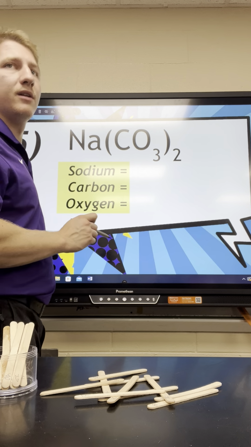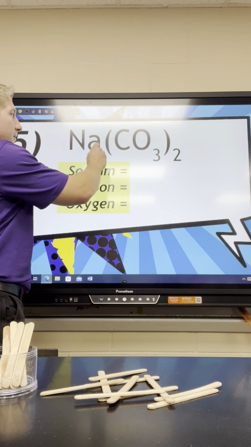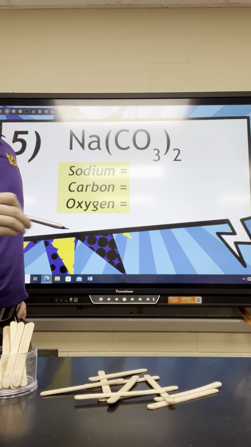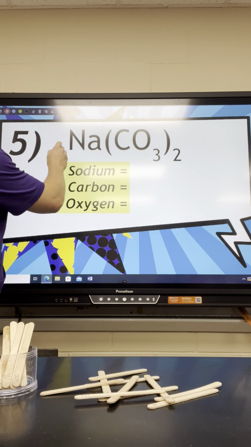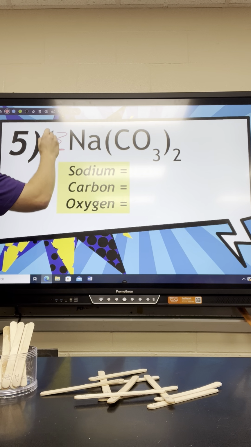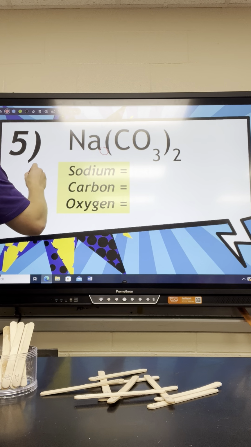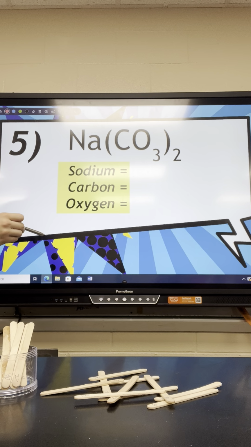The little what? Right here? What are these called? If there's a number right here, this would be the coefficient. So what would it be called if they're right here? It's a subscript.